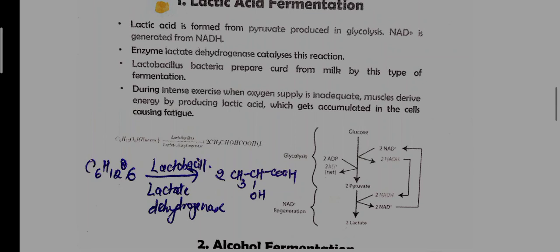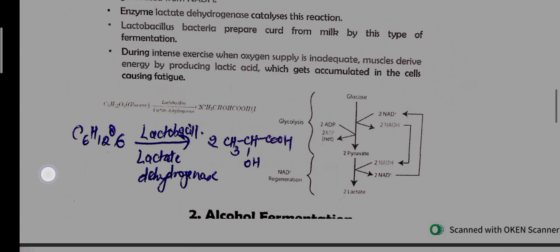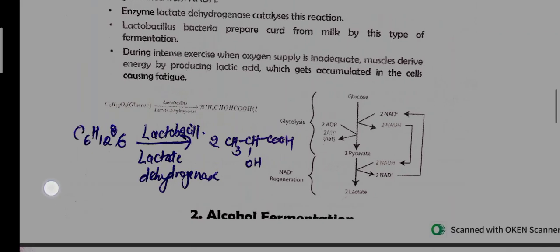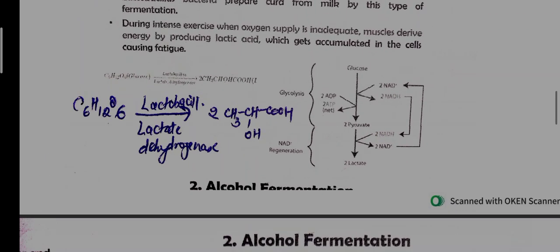During intense exercise, when oxygen supply is inadequate, muscles derive energy by producing lactic acid, which gets accumulated in the cell, causing fatigue. This is the reaction which shows the conversion of glucose into 2-pyruvate and then to lactate.